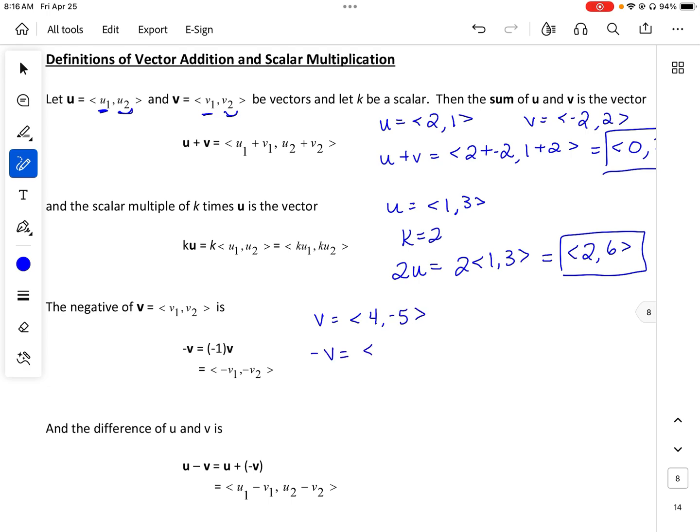Okay, a negative vector is where you are changing the signs of both x and y. So let's say that v is 4, negative 5. So negative v is going to be negative 4, positive 5.